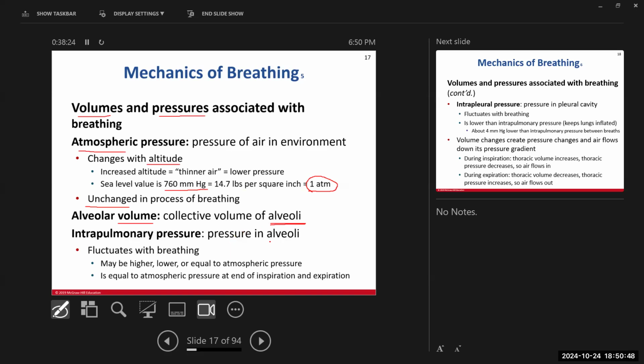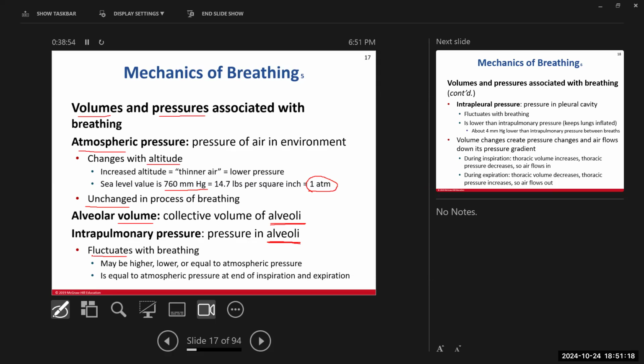This is the pressure inside of your lungs, specifically in the alveoli. Now, this number will change. There are 3 ways that number is going to change. It's either going to be higher than the atmospheric pressure in this room, lower than the atmospheric pressure in this room, or the same. I'll give you some values, but you don't have to memorize them. I just want you to know those 3 scenarios.